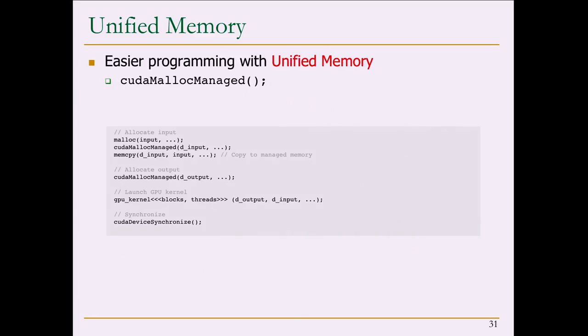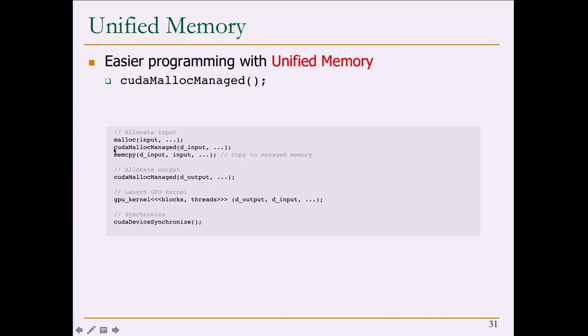So instead of using the CUDA-malloc that we have mentioned until now, we use something called CUDA-malloc manage. And as you see, if you compare this code with the code in the previous slide, this is much simpler, because we don't even need the malloc that you see in the first line.